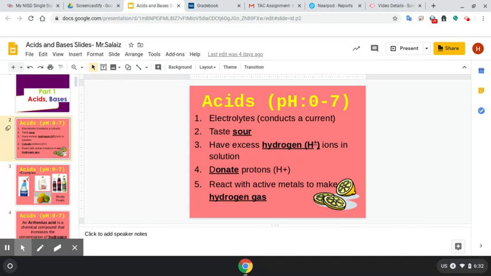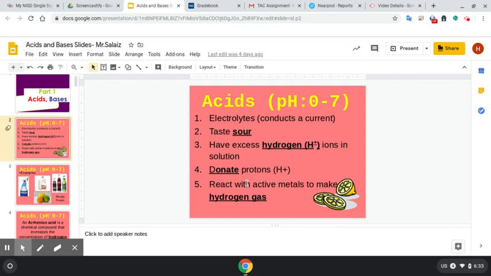You need to know also that hydrogen donates protons when it's in a chemical reaction with something. It's going to donate its ion to the base, and on the other side you would have its conjugate base.